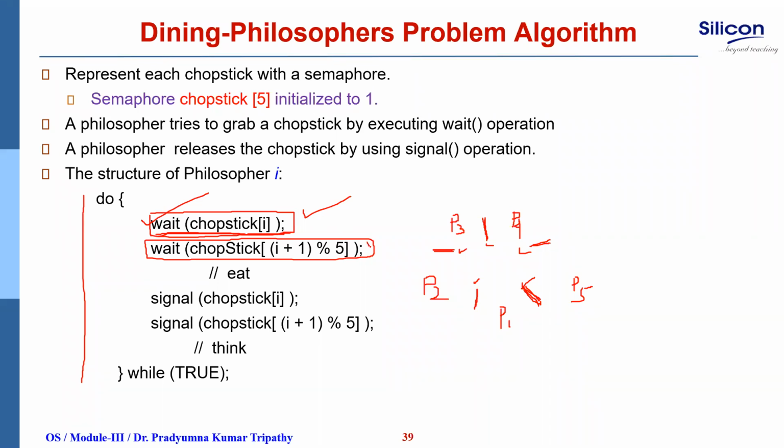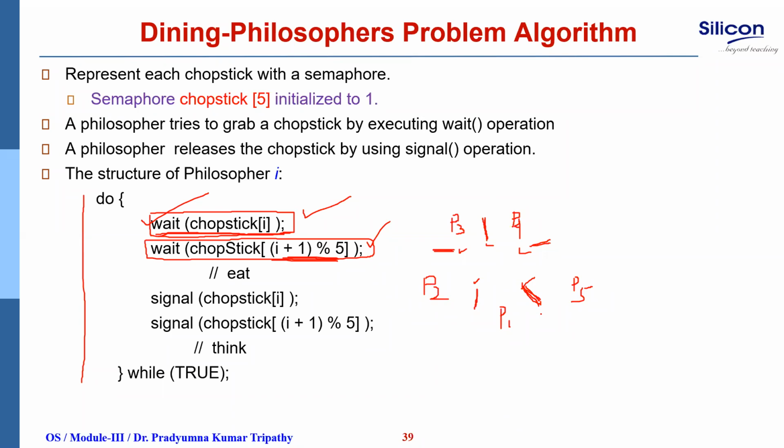Whenever they go for acquiring this lock, they will be spinning, in a wait state, because the neighboring process has not released the chopstick. So every process is holding one chopstick and waiting for another process to finish.